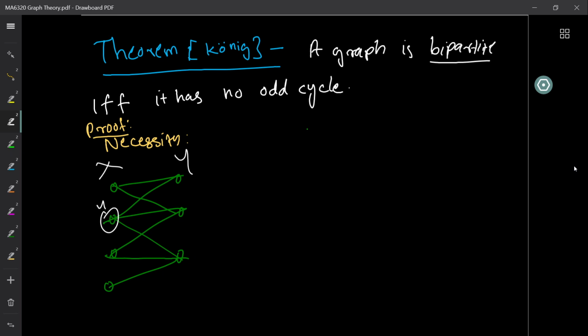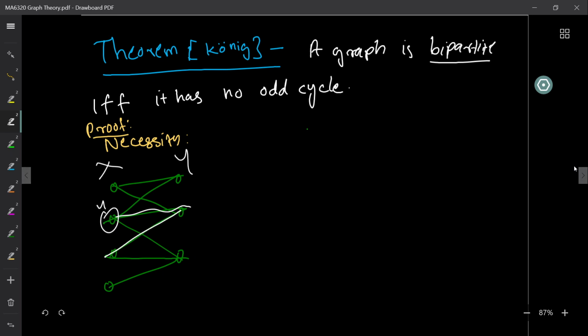If you take an edge from u to some other vertex, you are going to switch sides, from side X to side Y. Now for the walk to be closed, you have to come back to u, and you can only do that if you again alternate the side, going back to side X.